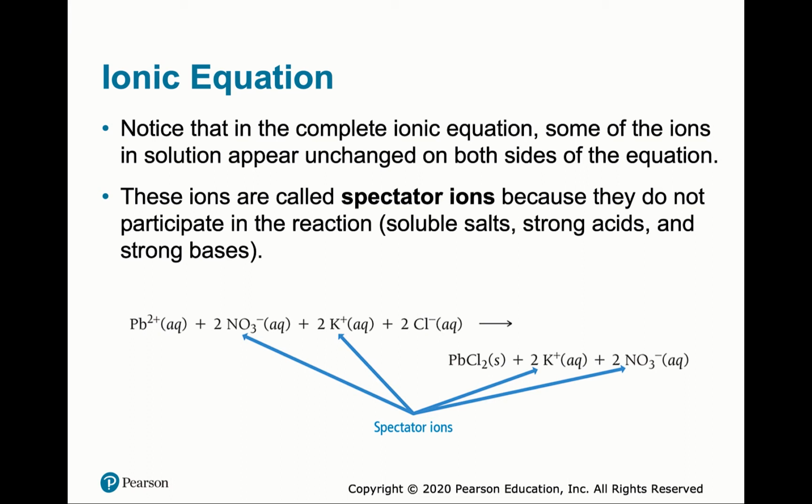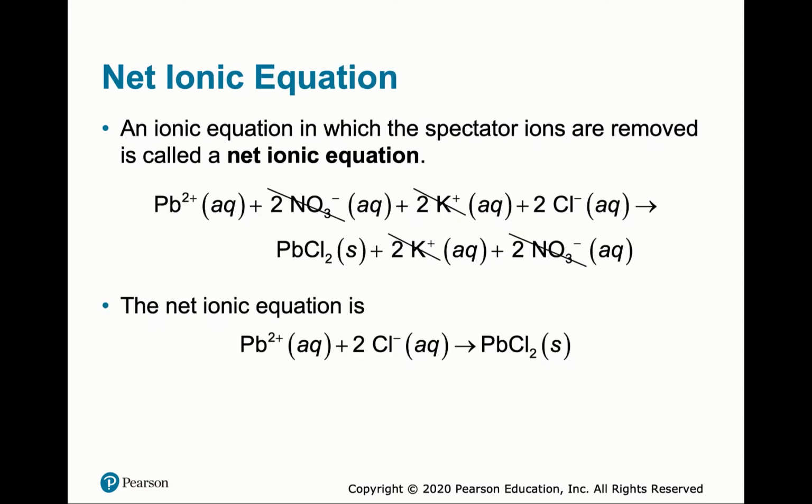Do they participate? Yeah, they provide countercharges to the reactants, so they do something. But they're there in one form on one side of the equation, and the same form on the other side of the equation. So we say they're spectators. They don't necessarily actively participate in the precipitation reaction.